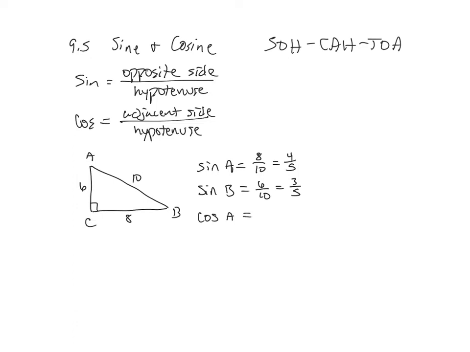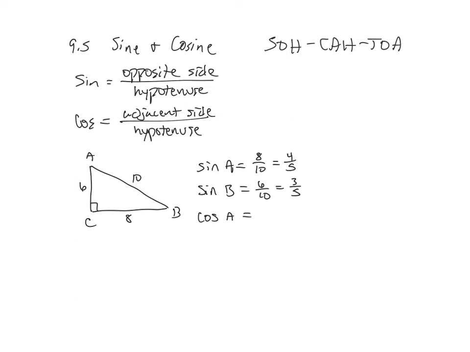So cosine of A, adjacent side, or next to. Sometimes people say, well, is it the 6 or is it the 10? It's next to both. Well, the 10 is the hypotenuse. That doesn't change regardless of where you start. Hypotenuse is the side across from the 90-degree angle. It's the longest side of the triangle.